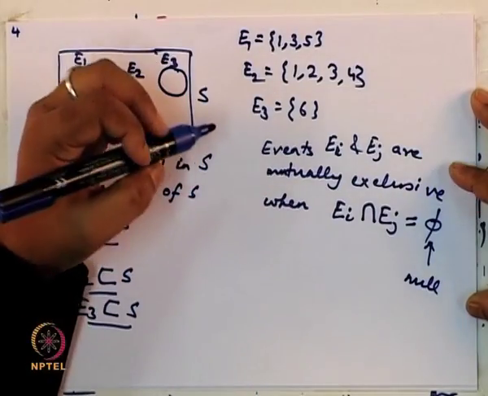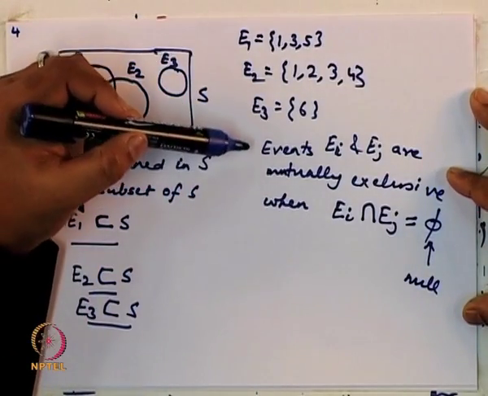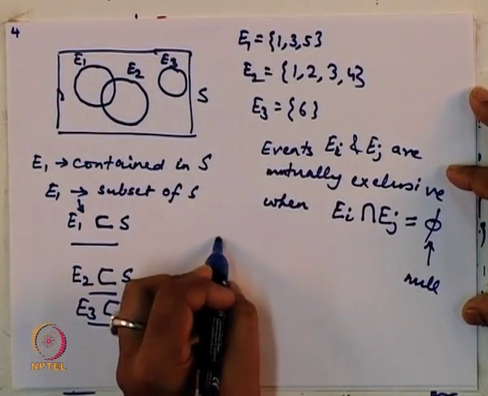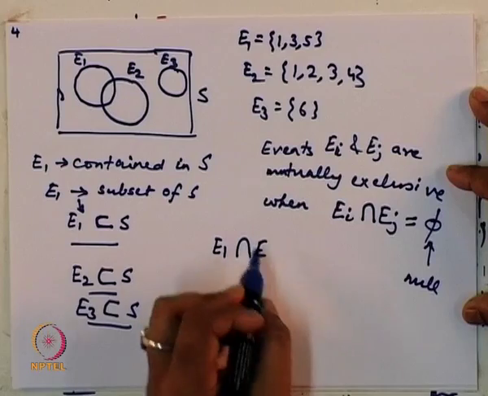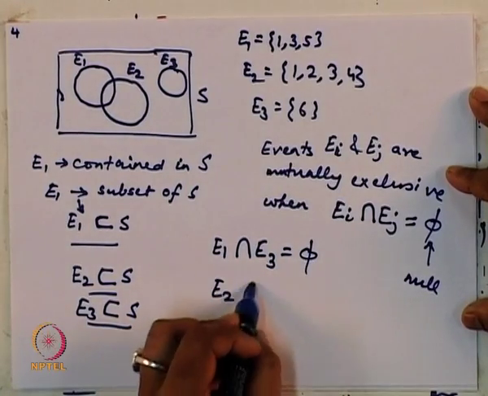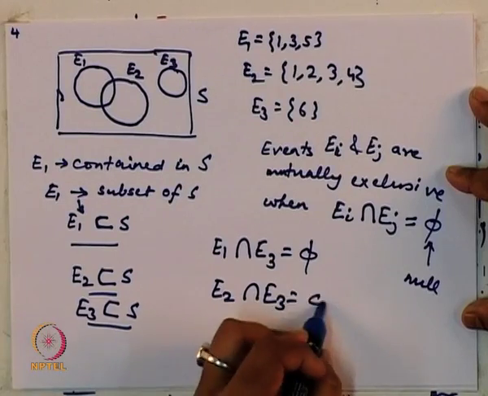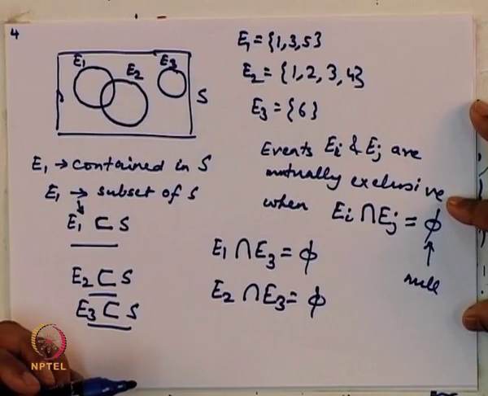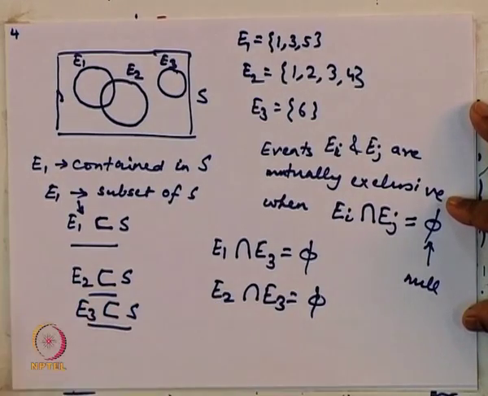There is nothing in common shared between the events E3 and E2 or E3 and E1. So, I can write E1 intersection E3 is equal to null and E2 intersection E3 is equal to null. So, there is nothing in common between E1 and E3 or E2 and E3.